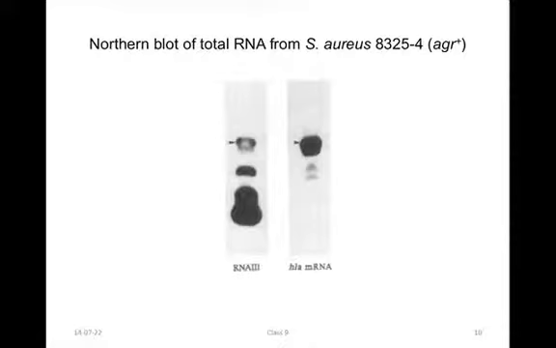What they are saying here is that RNase 3 binds, and it looks like it's binding something up here. So it's forming these fairly large transcripts. If you just probe with RNase 3, that's what it shows. And if you're probing with HLA, you get one big band, but that coincides with the RNase 3 band.